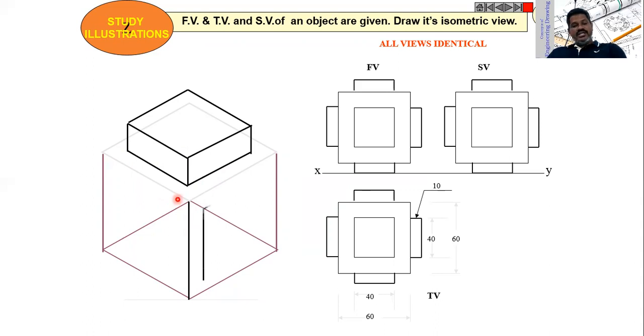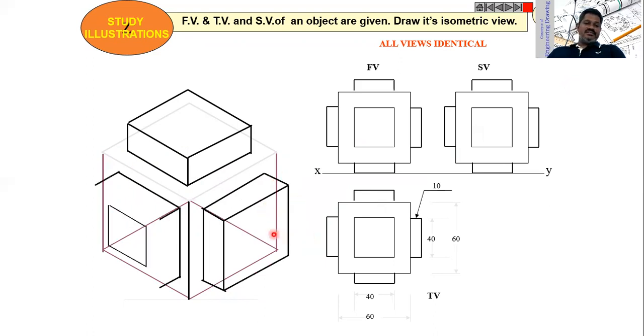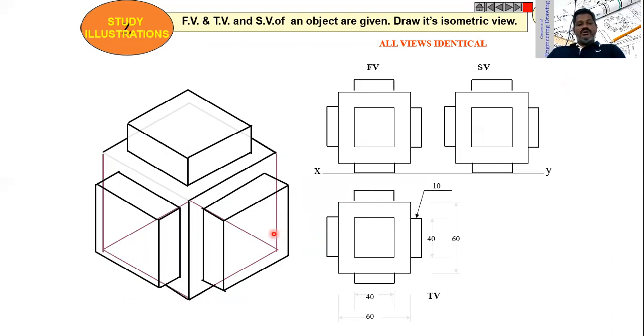Now come to any of the faces and construct the rhombus, then project all the sides like this. This is very simple. So now this will be the isometric view of the given three views, which are similar. The front view, side view, and top view are similar in this case.